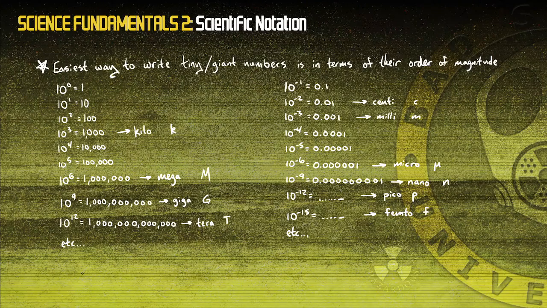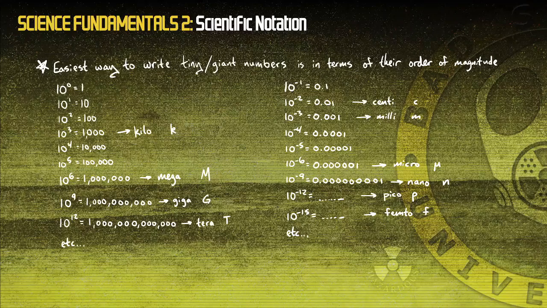And then here on the right side is how you write small numbers. And your exponent is just going to tell you the number of spaces to the right of the decimal that you place a 1. So 10 to the minus 1 is just 0.1, 10 to the minus 2 is 0.01, and so on. And so 10 to the minus 2, the prefix is commonly known as centi, for like centimeter or centigram, which I've never seen used but exists.